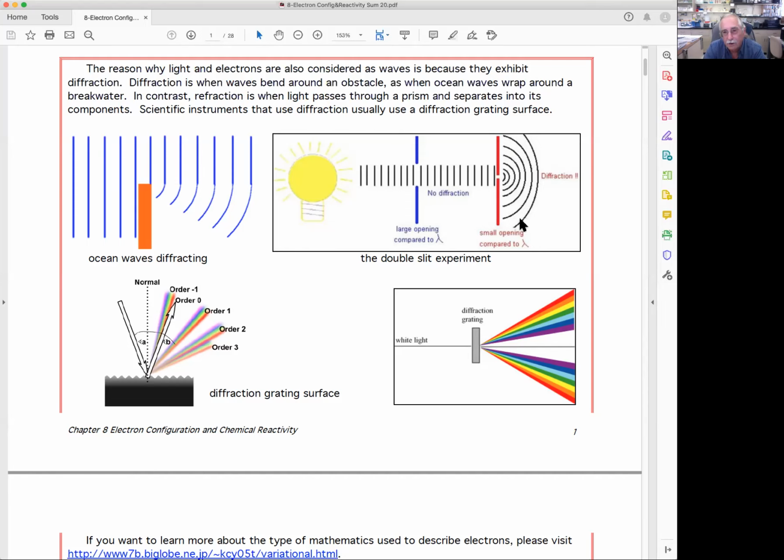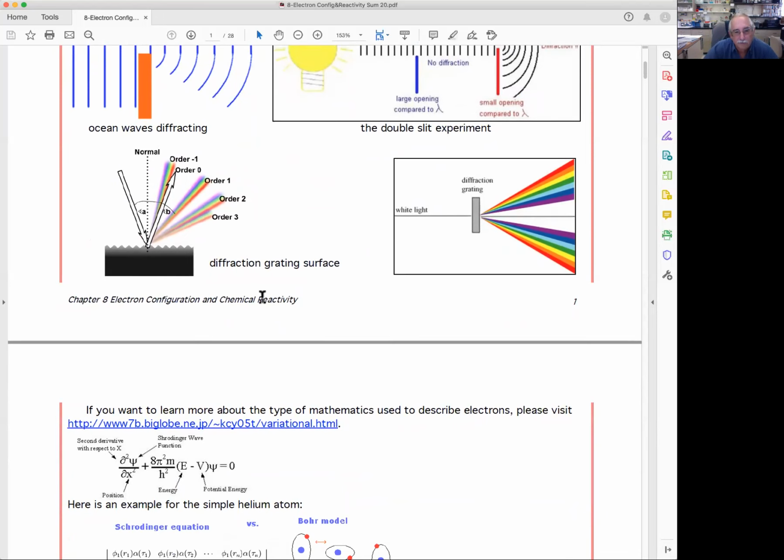What if it acted like a particle? Well, then it's very obvious that the particle would come and it would get past here and keep going, but when it got here, then you wouldn't see anything. So you would not see this diffraction at all. Same thing over here. A particle would go right through here, hit this and then stop. Then a few of them would go right through here and keep going in a straight line. There wouldn't be any diffraction. So the reason why we see diffraction with light is because light behaves like a wave.